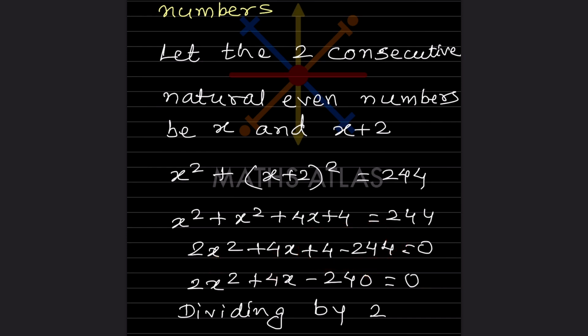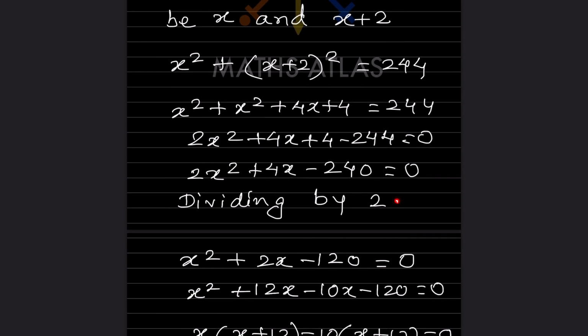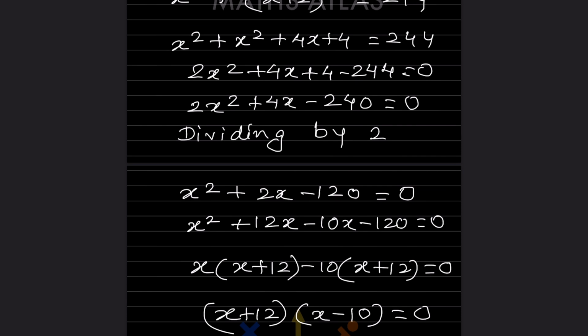So now you can see the coefficient of x square is 2. This is 4, and this one we can divide by 2. So we are dividing this equation by 2. So what do you get here? When you divide this by 2, you get x square, you get 2x, and here you get 120. So now we got the equation in the general form. Now you can see that this is the first term, this is the middle term, and this is the last term.